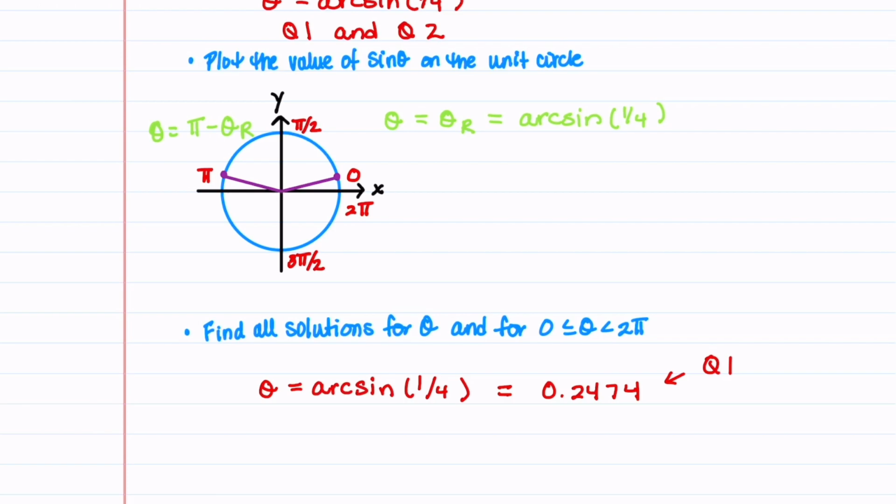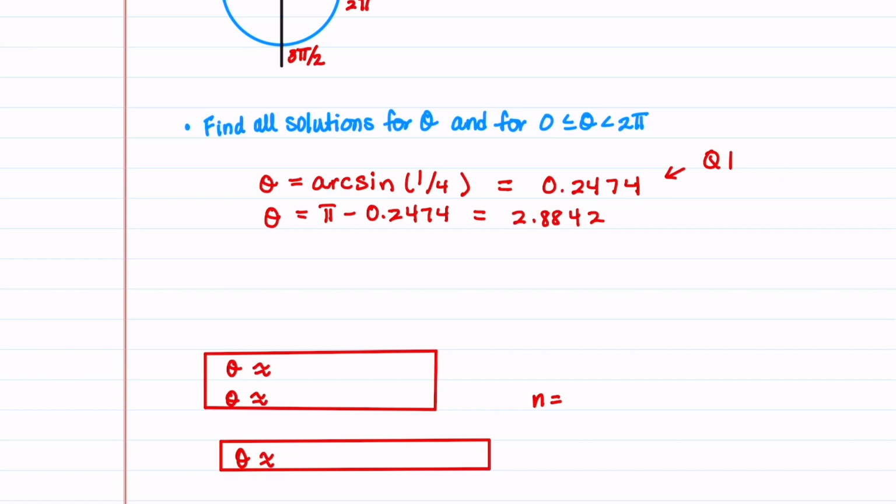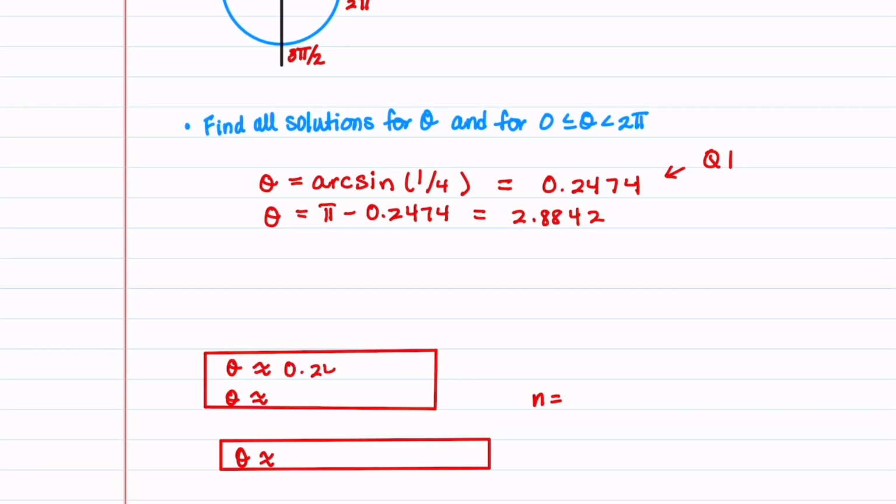And then in quadrant 2, our theta is going to be pi minus 0.2474. And that is equal to 2.8842. We have two values for theta. Theta is equal to 0.2474 plus 2n pi.